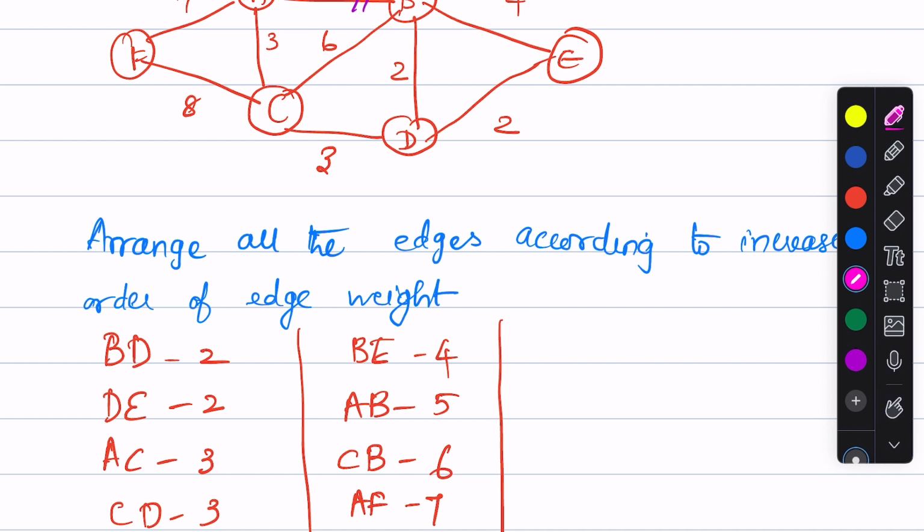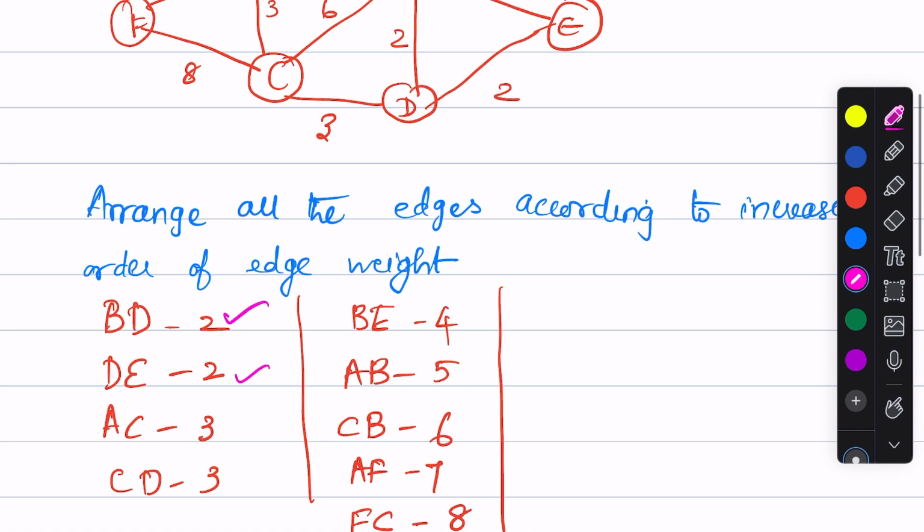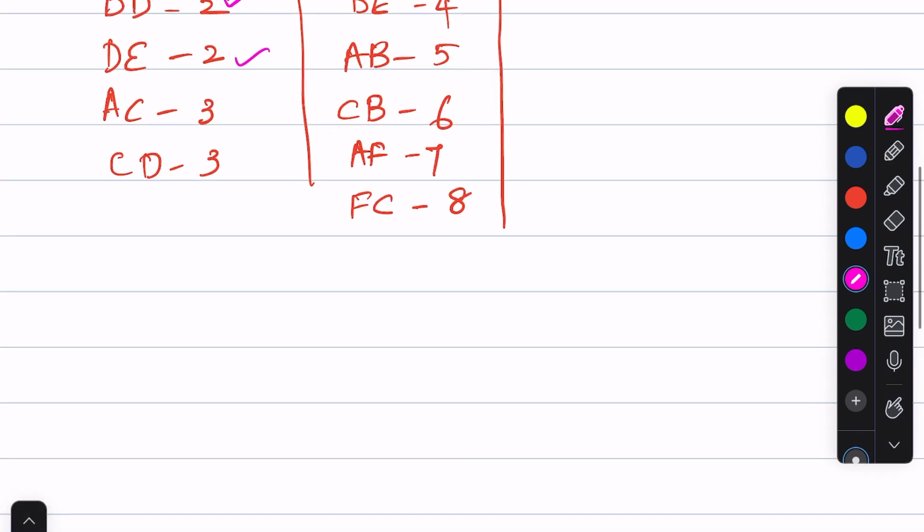So what's step 2? We have to take the edge with the lowest weight and add it to the spanning tree. So the edge with the lowest weight is BD, then DE. But when we add, we should see to it that it does not form a cycle. So let us first draw only the vertices of the graph.